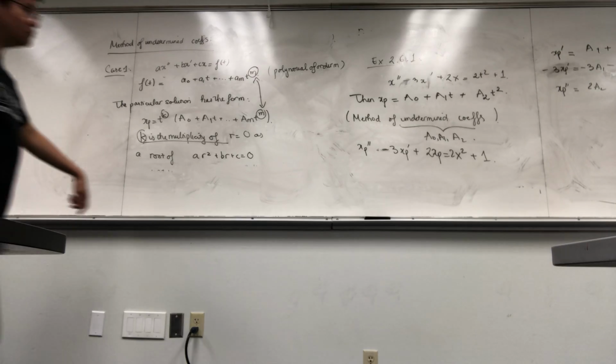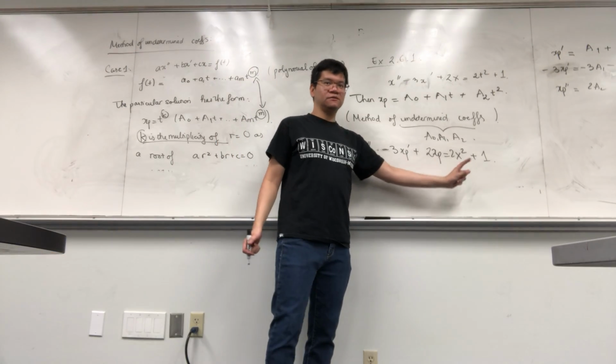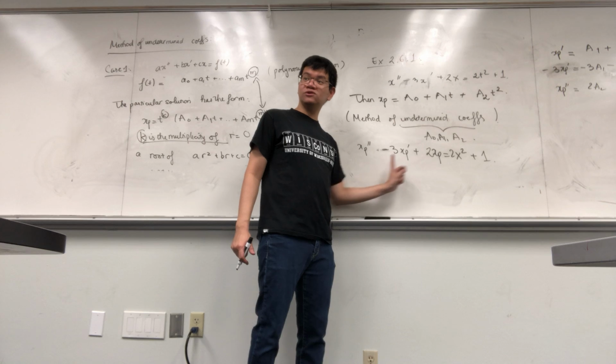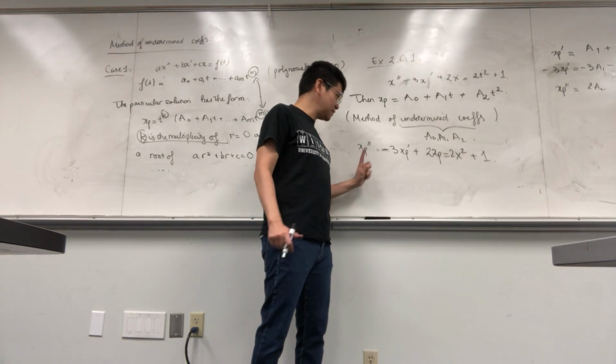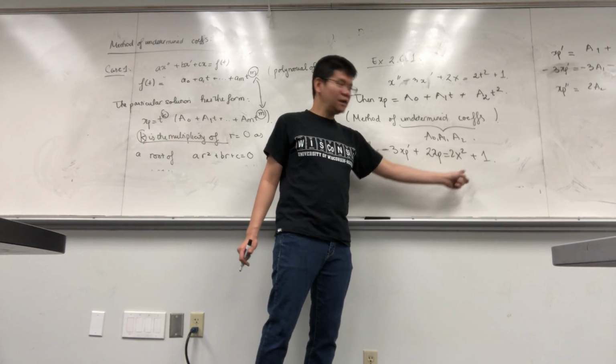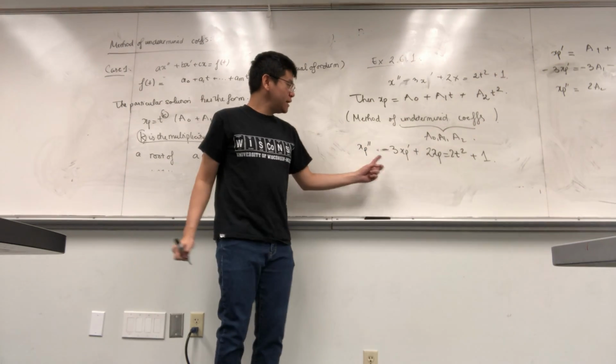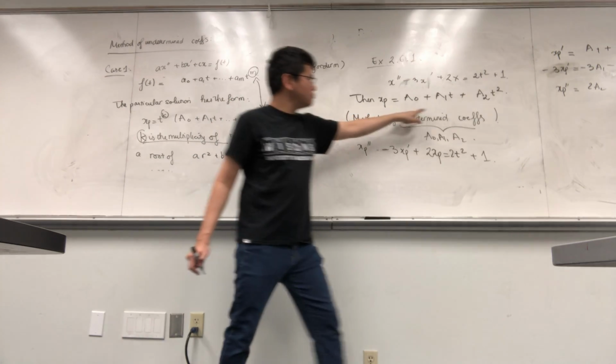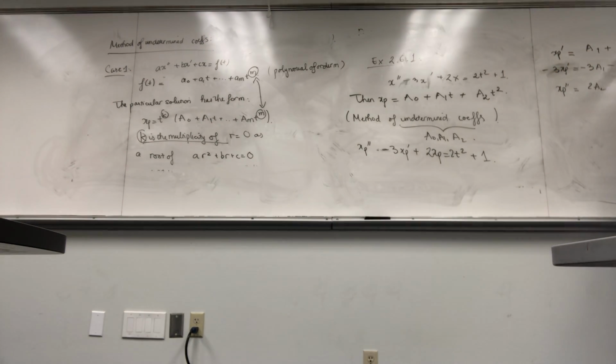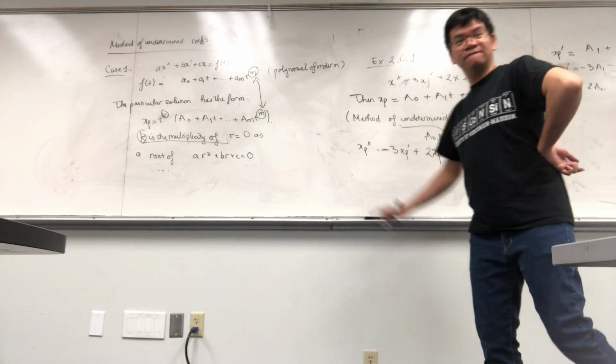So now you know that xp is the solution of this equation. So xp second minus 3xp prime plus 2xp has to be 2t squared plus 1. So xp prime is a1 plus 2a2t, minus 3xp prime will be minus 3a1 minus 6a2t, and xp second will be 2a2. It's clear? Now I have to put everything back into this equation.